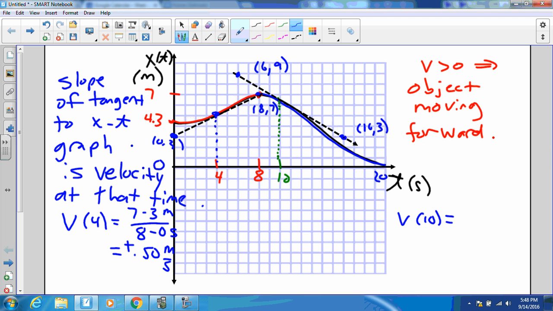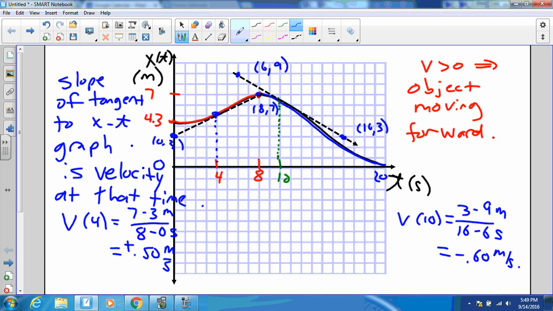And so the velocity at 10 would be equal to the slope of this line, which is going to be rise over run, or 3 minus 9 meters over 16 minus 6 seconds, which gives me negative 0.60 meters per second.